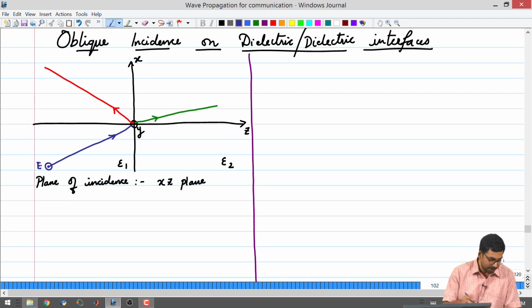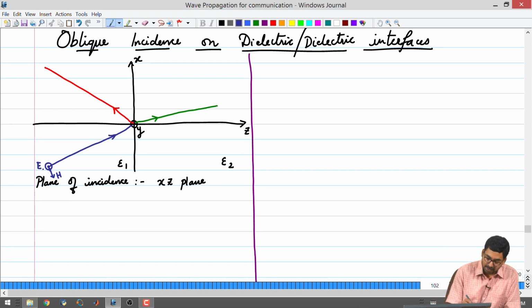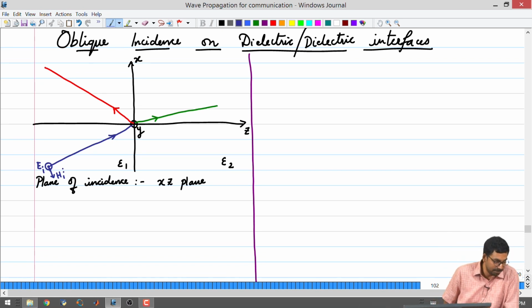So, I can now mark the direction of the magnetic field as H. To be clearer, I will use some suffix. I will say that this is my incident electric field, this is my incident magnetic field. Please make a note that electric field is pointing out of the plane of incidence. Okay. In other words, the electric field here is perpendicular to the plane of incidence.